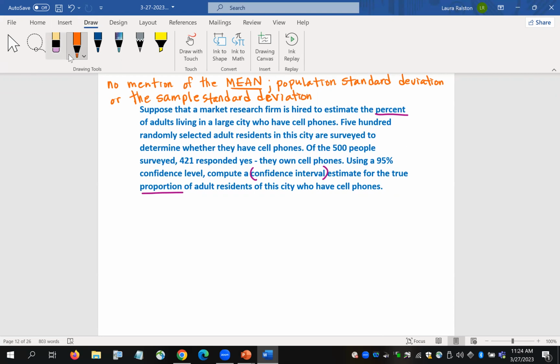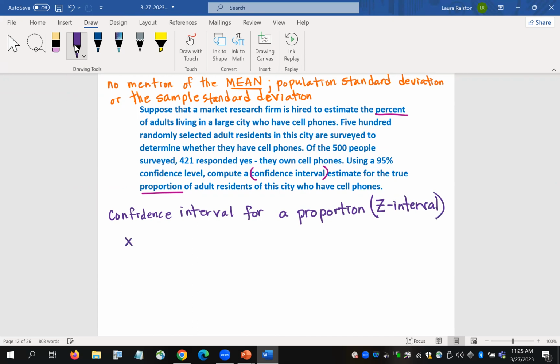So I realize that I need to create a confidence interval for a proportion, which is actually a Z interval. To do that, I need X, N, and the confidence level.